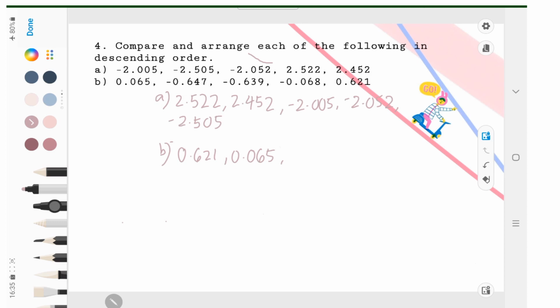Then we have to compare the negative ones, and it will be negative 0.068, negative 0.639, negative 0.647. So negative 0.647 is the smallest.